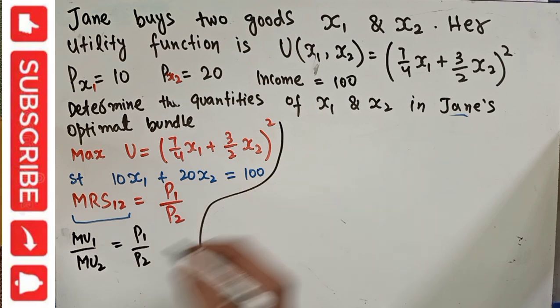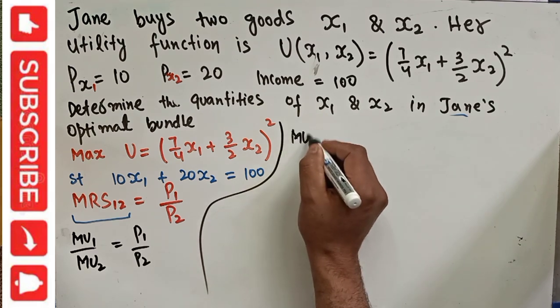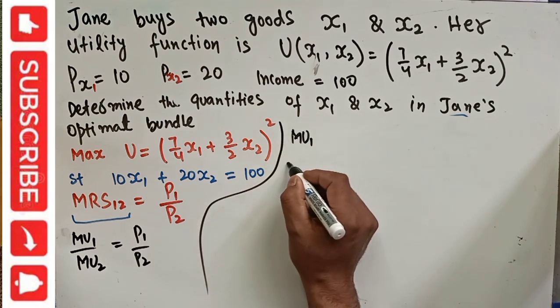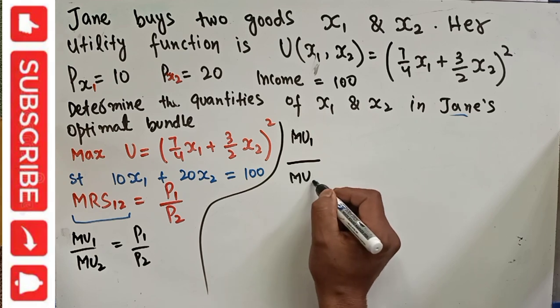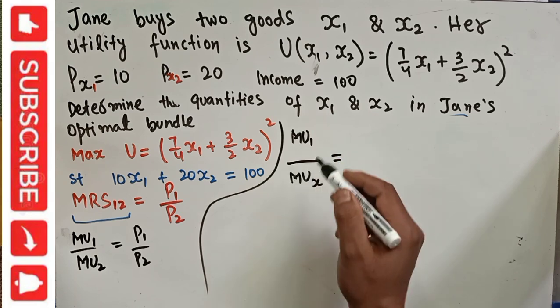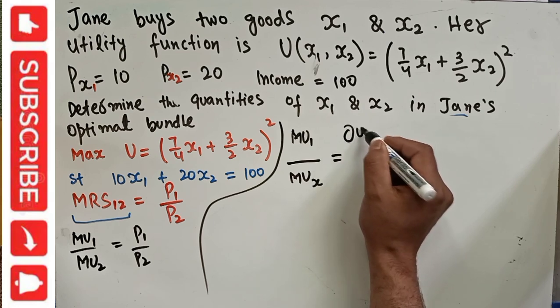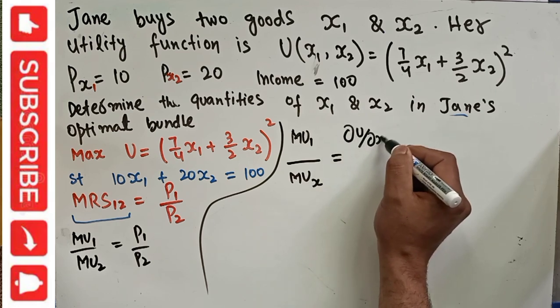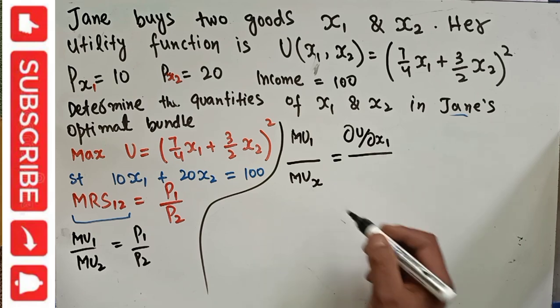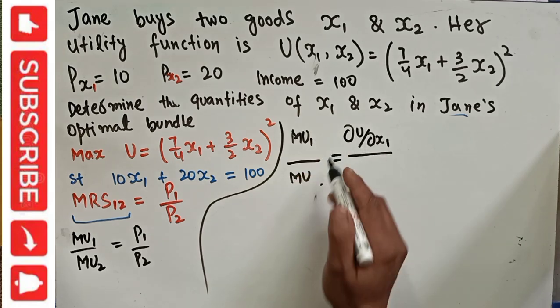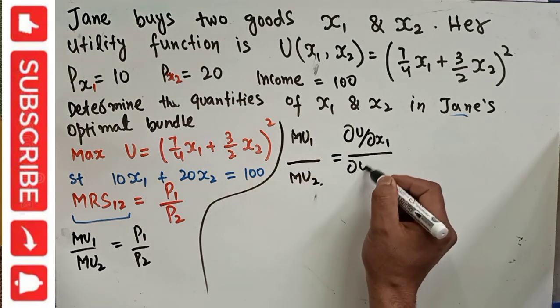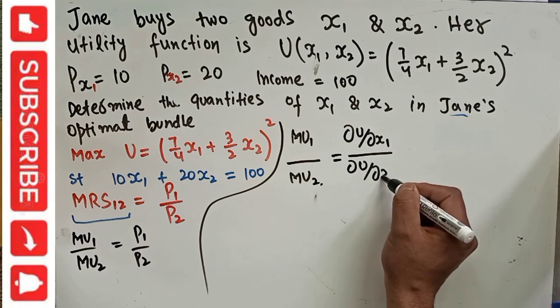Now let's calculate the marginal utilities. MU1 divided by MU2 is the partial derivative of the utility function with respect to good x1 divided by the partial derivative of the utility function with respect to good x2.